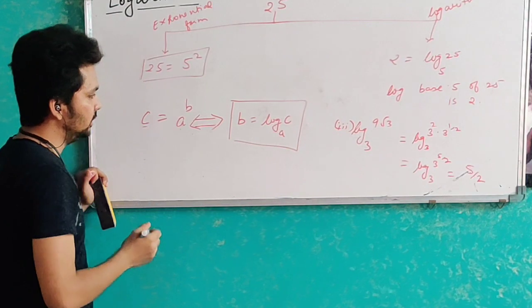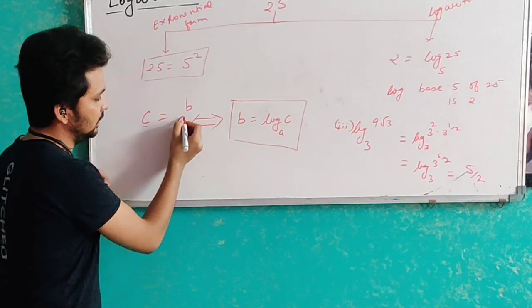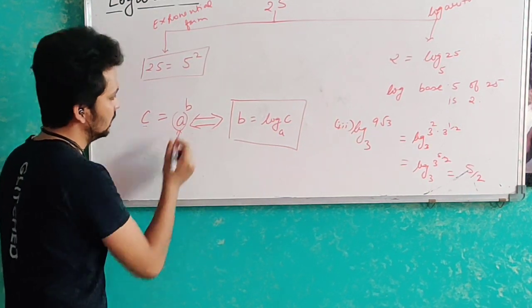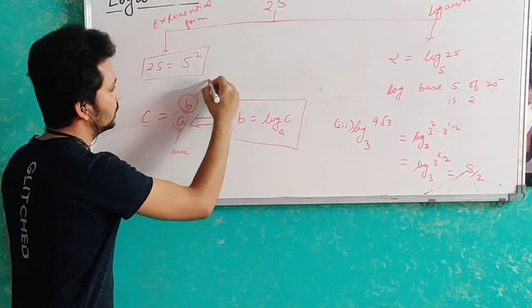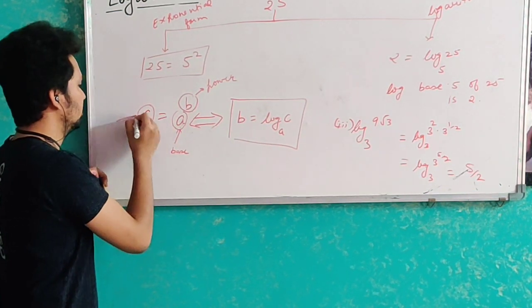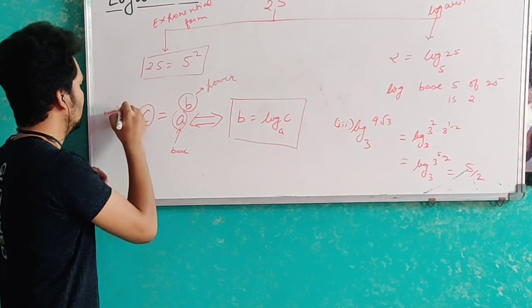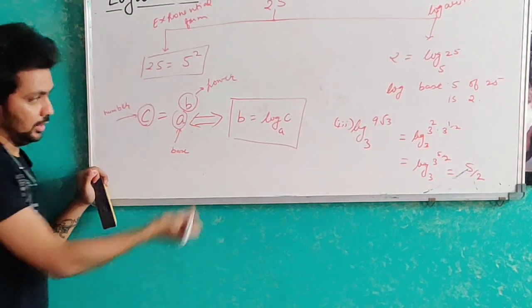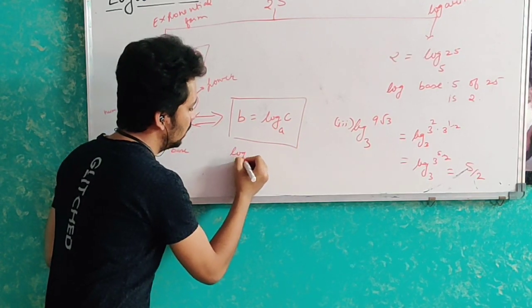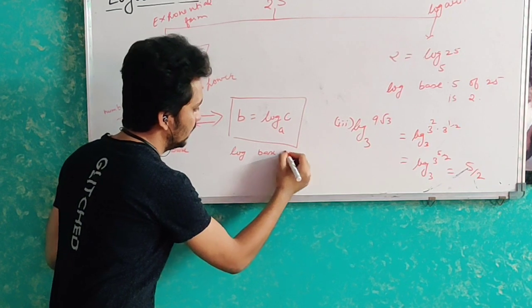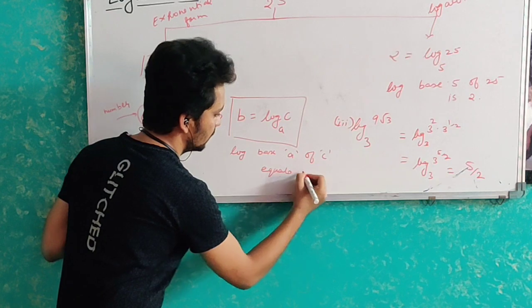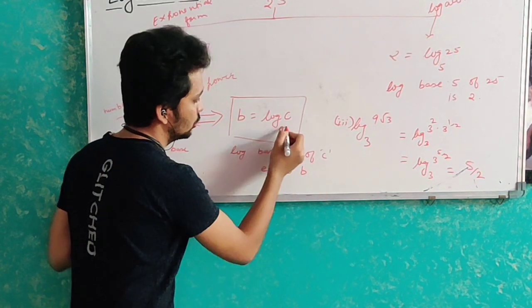Here A is the base, B is the power, and C is my number. This can be read as log base A of C equals B.